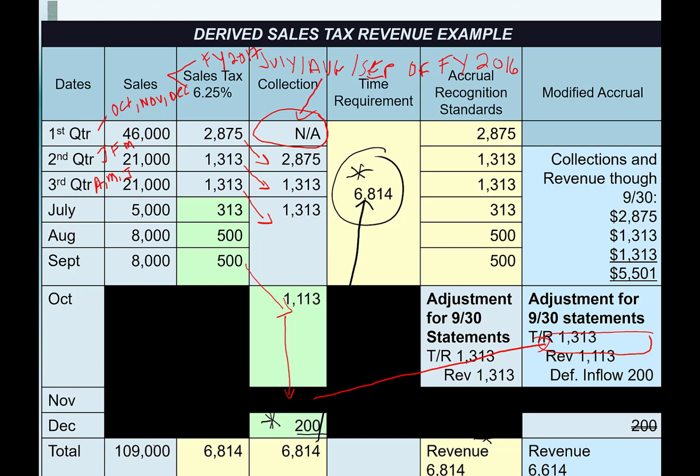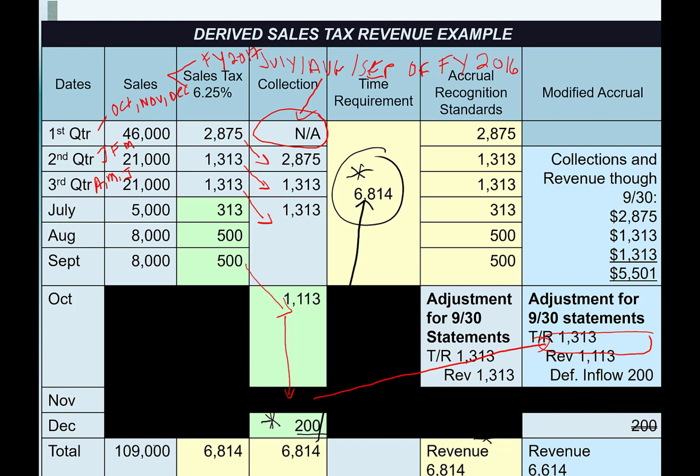Okay, now what happens? They collect their sales taxes in the quarter following the quarter. So they're going to collect what? Their first quarter taxes in the second quarter, their second quarter taxes in the third quarter, the third in the fourth quarter, and the fourth quarter is going to come in the first quarter of the new year, isn't it?